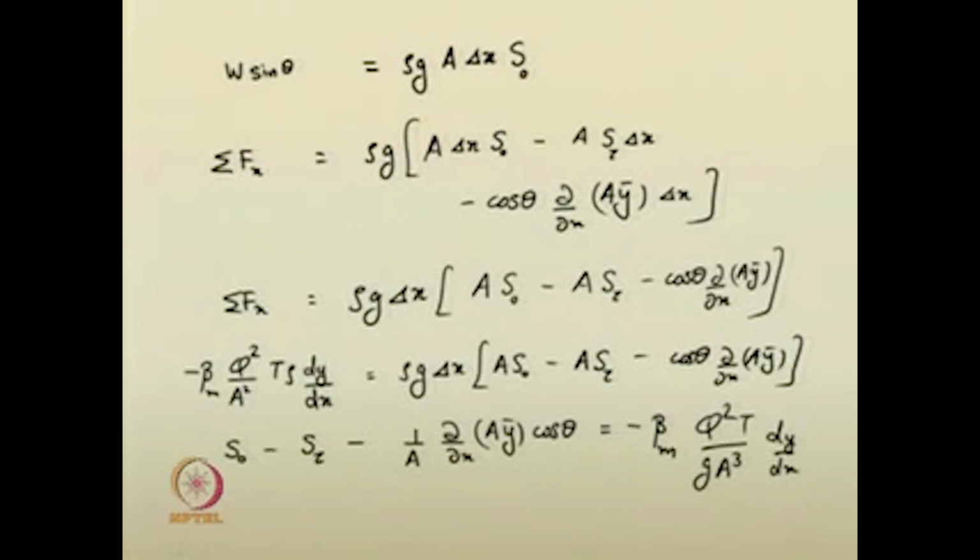I hope you remember this particular term, Q squared T by g A cubed; you have seen it in some other portions also. So, how the terms are coinciding, how the physical significance is coming into the picture. I hope you are getting it clear now. So, this equation is obtained. Again I can rearrange them.